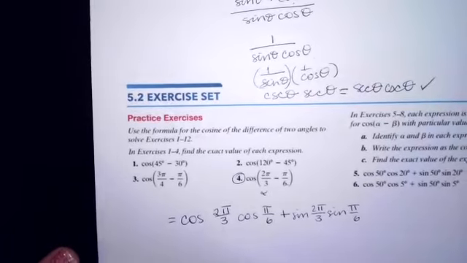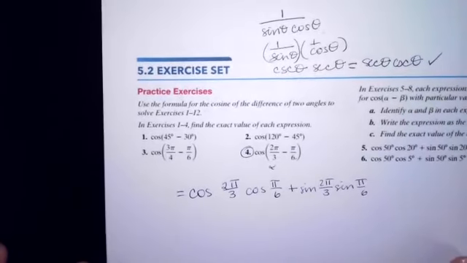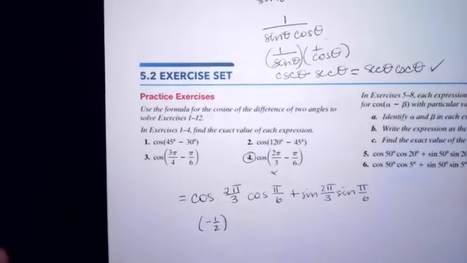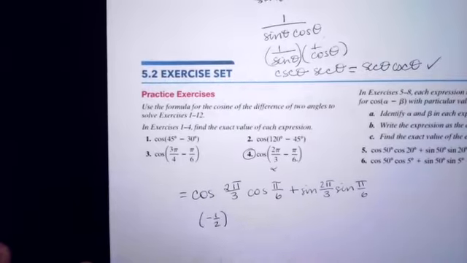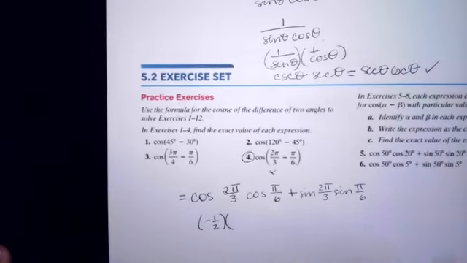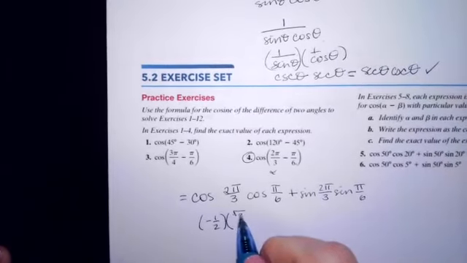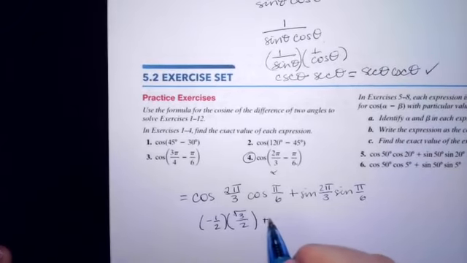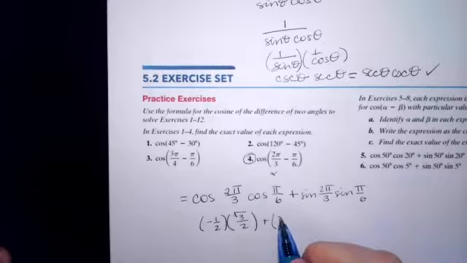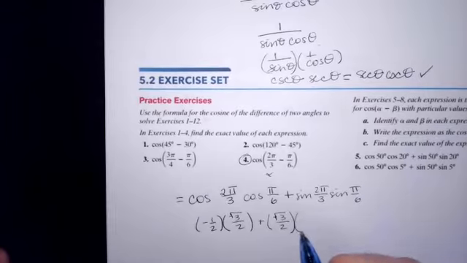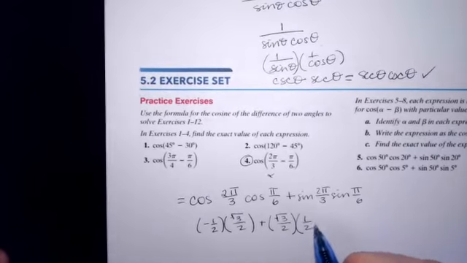Cosine of 2 pi over 3 is going to give me negative 1/2. Cosine of pi over 6 is going to give me, pi over 6 is right there, so that's going to be root 3 over 2. And then sine of 2 pi over 3 is root 3 over 2. And sine pi over 6 is going to be 1/2.